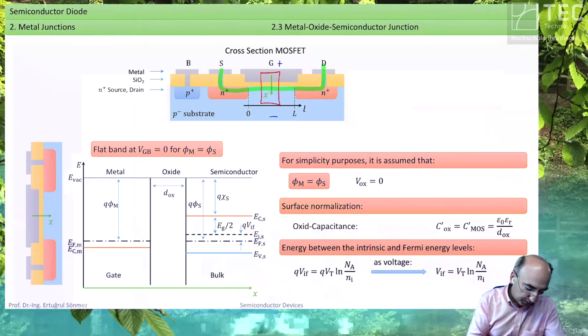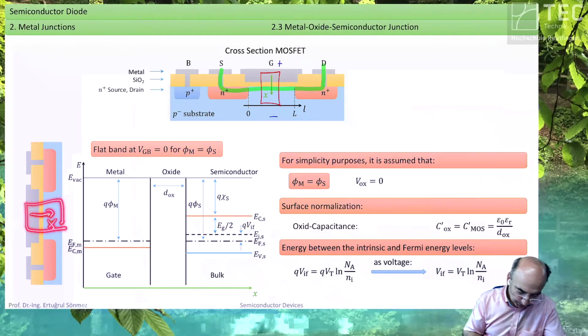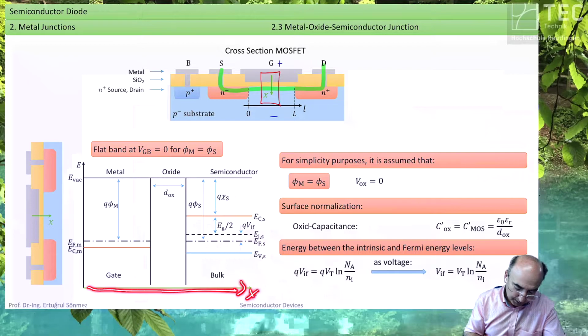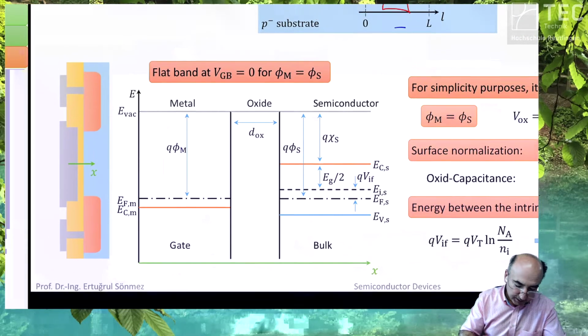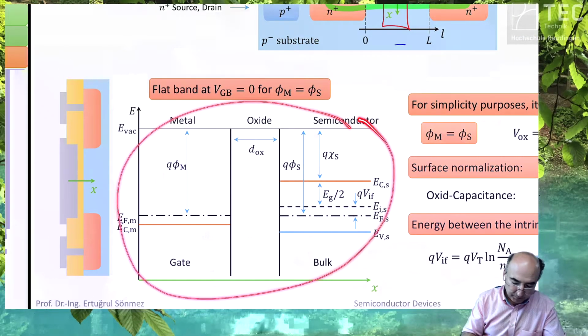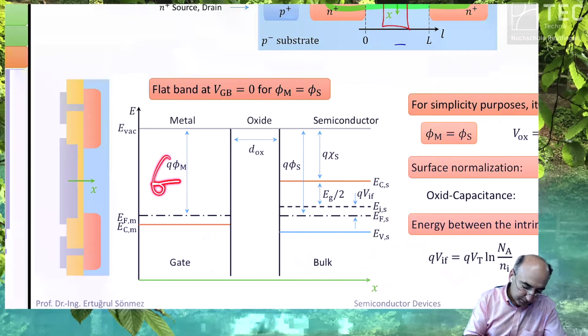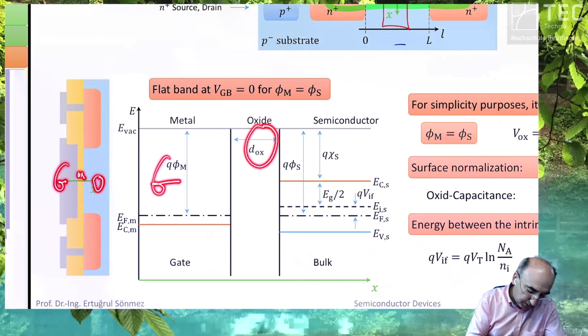And the band diagram of this area, with this axis, we have here the x-axis. So from now on, if you see this band diagram, see here the gate, see here the oxide, and see here the p-type semiconductor.